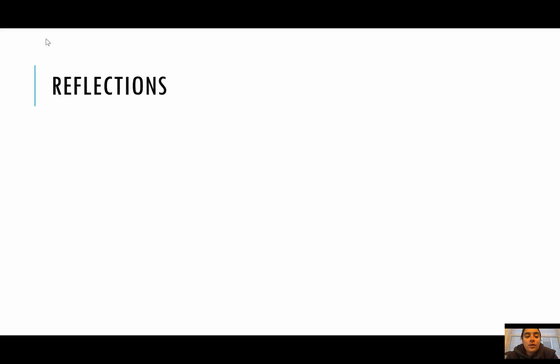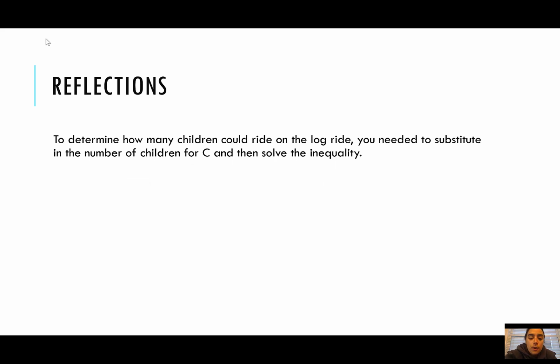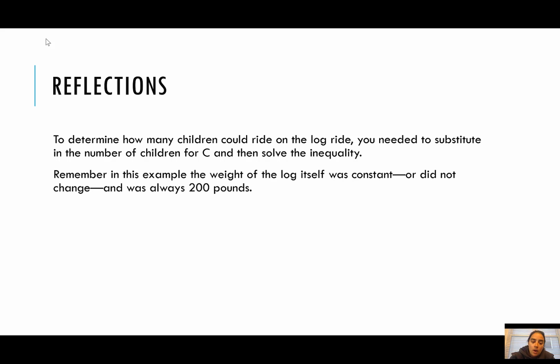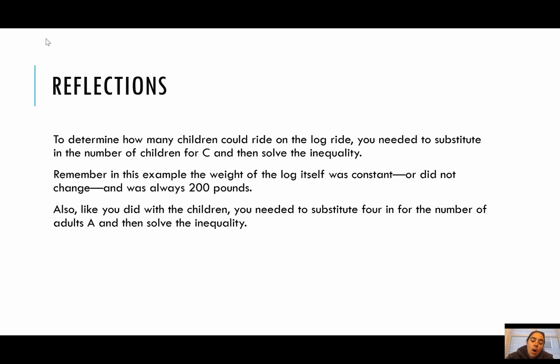All right, so after processing what we learned in the log problem, here are some reflections. To determine how many children could ride on the log ride, you needed to substitute in the number of children for C and then solve the inequality. Remember, in this example, the weight of the log itself was constant or did not change and was always 200 pounds.